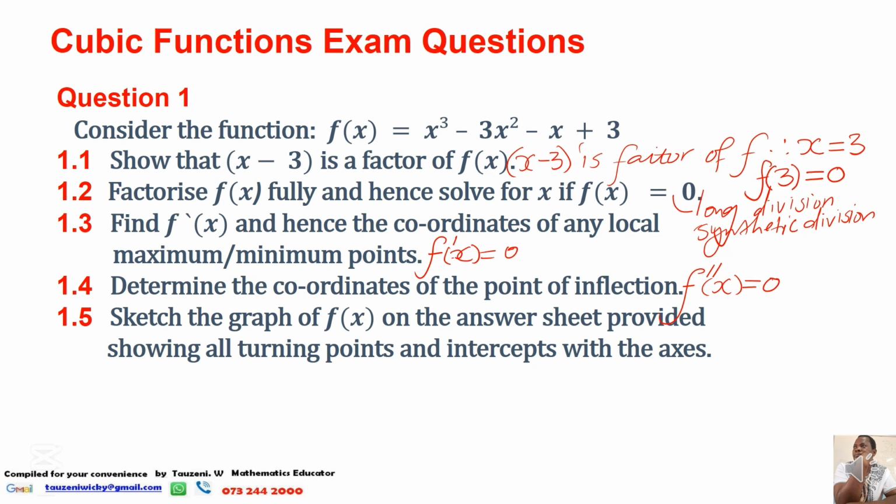Then once that information is gathered, we have the intercepts from number 1.2, and we have the turning points from 1.3. The information we get from these two is what we need to be able to draw this graph. Once that's done, then the graph can be constructed and everything else can be answered.